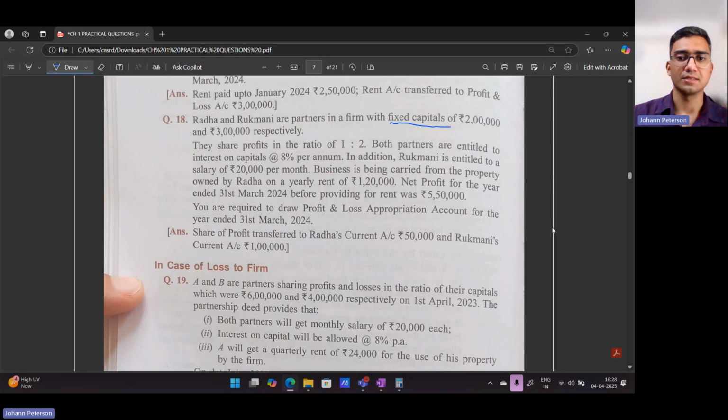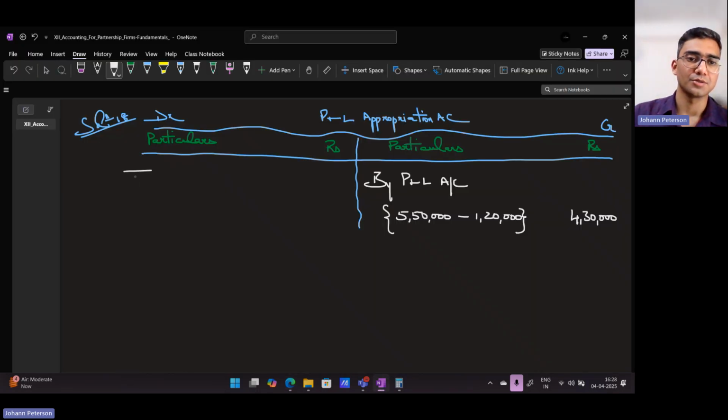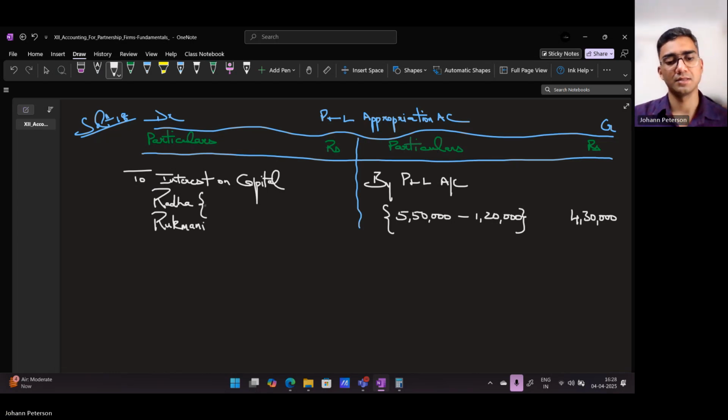Okay. Now, what else is there? The share of profits are 1:2. Both are entitled to interest on capitals at 8% per annum. So 8% on 2 lakh and 8% on 3 lakh for the whole year. So how much is that? So to interest on capital. First is Radha, and second is Rukmani. So for Radha, it's on 2 lakh, and for Rukmani, it's on 3 lakh.